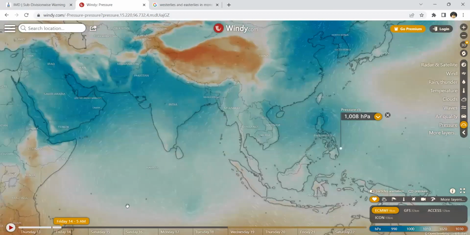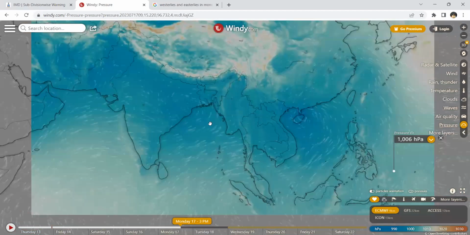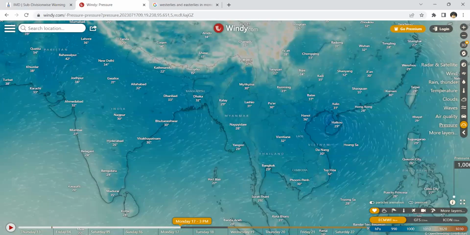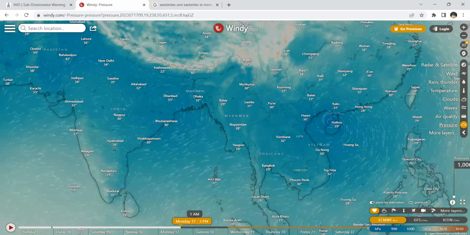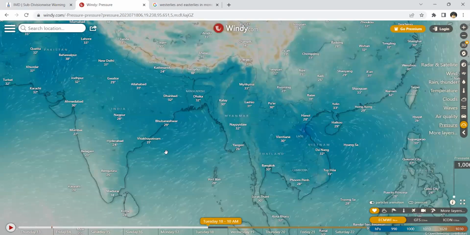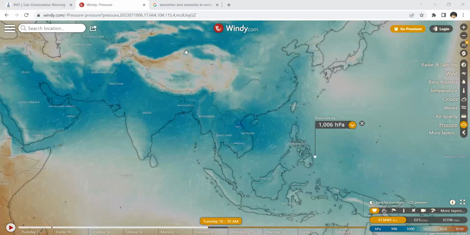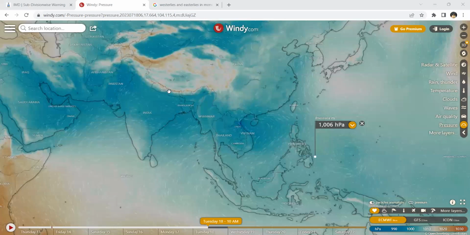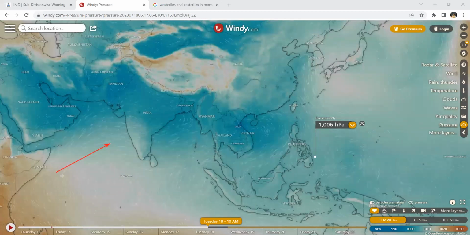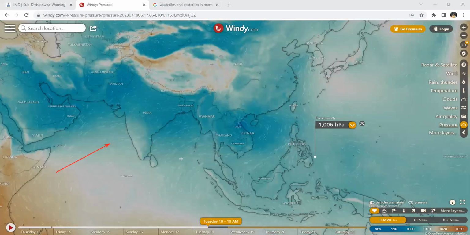So here what will happen by 17th, Monday, is that a low pressure area will originate in the Bay of Bengal, and as we go to 18th, you can see that the low pressure area is intensifying. What happens is, this can pull more and more winds from Somalia, and that can also bring moisture to the Indian subcontinent.